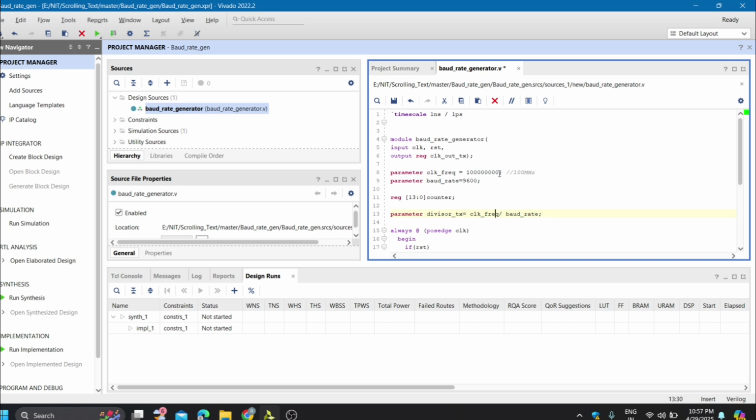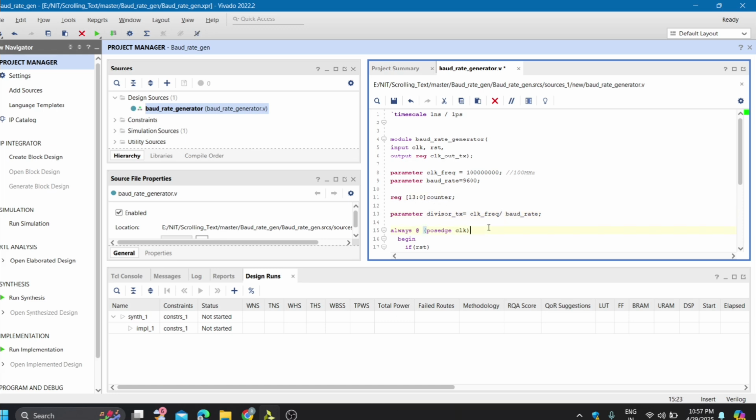And what value will we get after dividing this? It's 100 megahertz divided by 9600, so around 10,400 is the value we will get. So this divisor TX value is around 10,400. Just remember this value. I will explain why we are using a 14-bit counter.